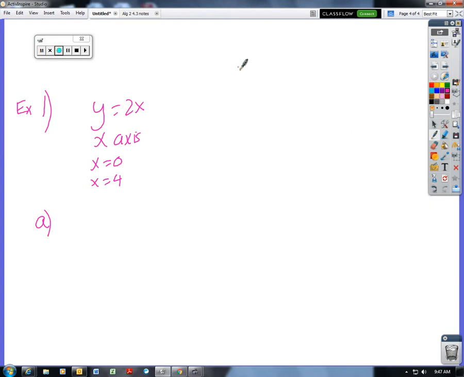Up here I'll use the space to graph the line. Y-intercept at 0, slope of 2, up 2 over 1, up 2 over 1. I am going all the way to 4. 4 is going to be 8: 1, 2, 3, 4, 5, 6, 7, 8. 3 will be 6.